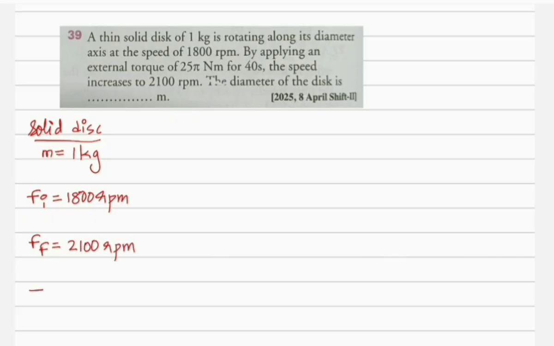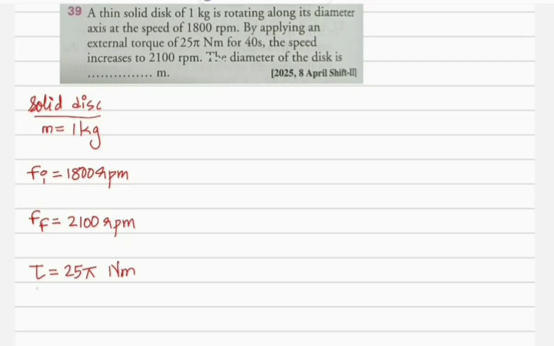Now the applied torque tau is 25 pi Newton meter, for a time t of 40 seconds, right, students? Then the diameter of the disc is the requirement. D is the question mark, students. Diameter of the disc, right? ये आपको यहाँ पे ढूंढने बताया जा रहा है, right?